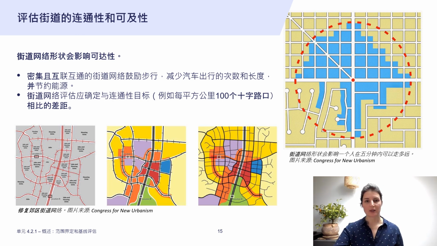Thus, street network analysis should identify gaps compared to targets of connectivity, such as 100 intersections per square kilometer, although figures should be tailored to the context. This assessment helps identify actions to reconnect the street network, as shown in the 3 drawings on the slide.